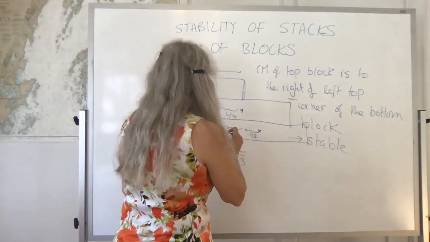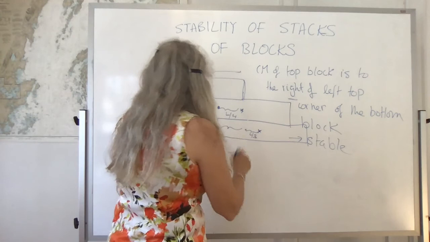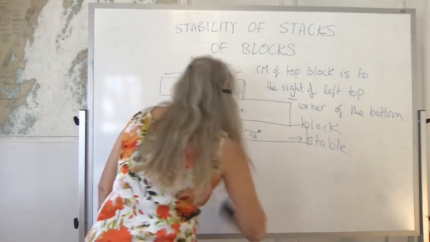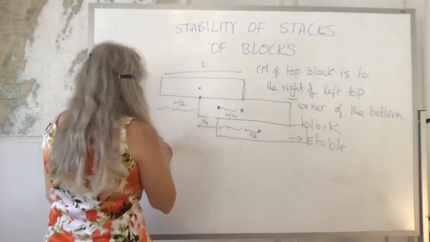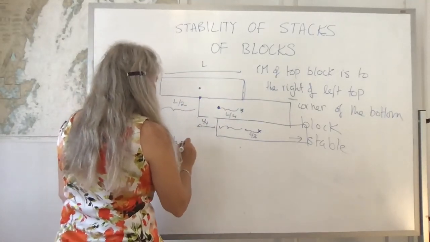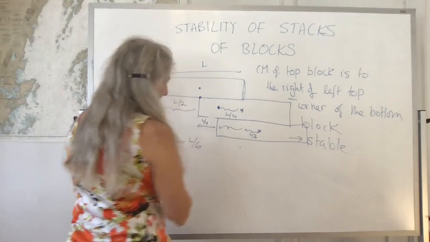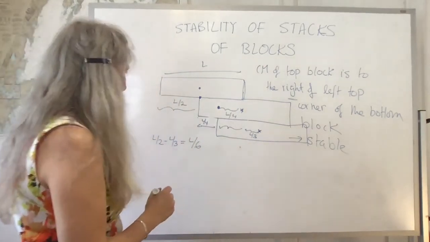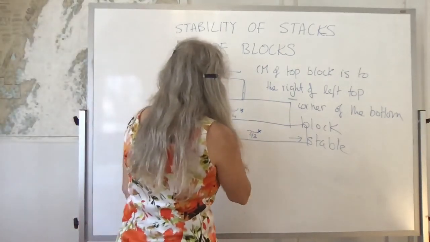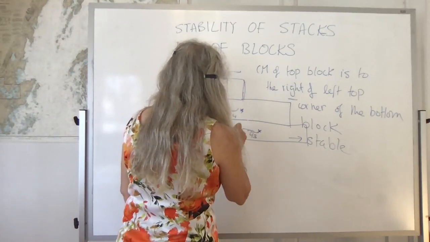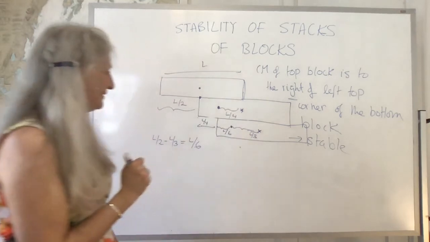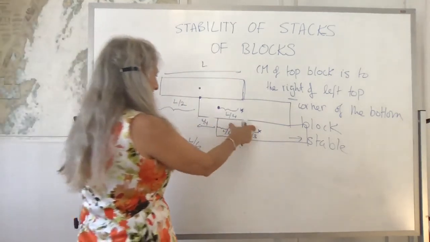And that means this distance is L over 2 minus L over 3, which is equal to L over 6. So this is the position of the center of mass of the 3 blocks from that point.